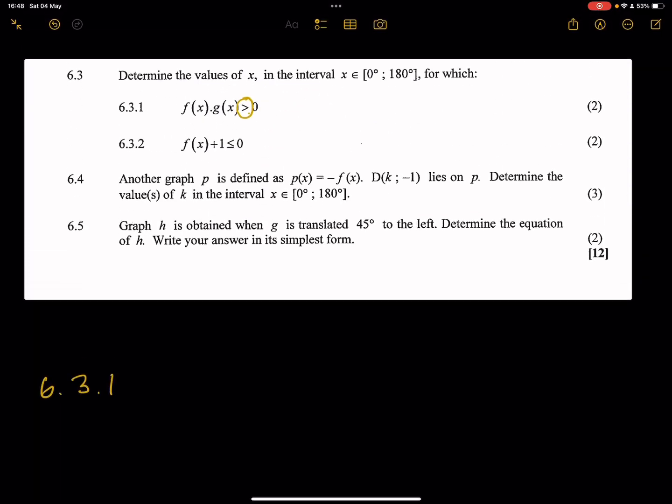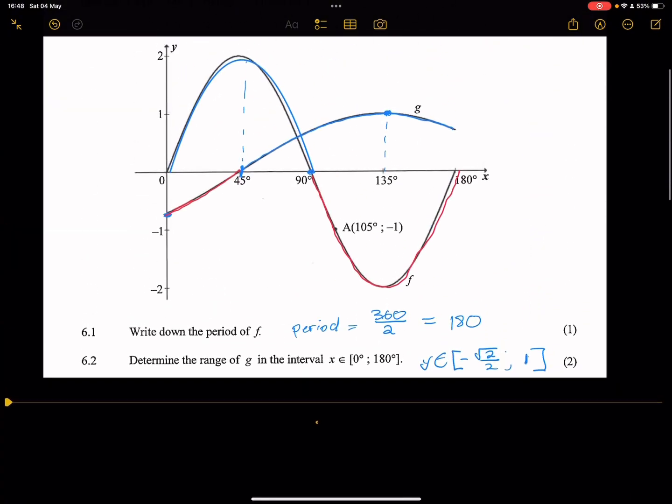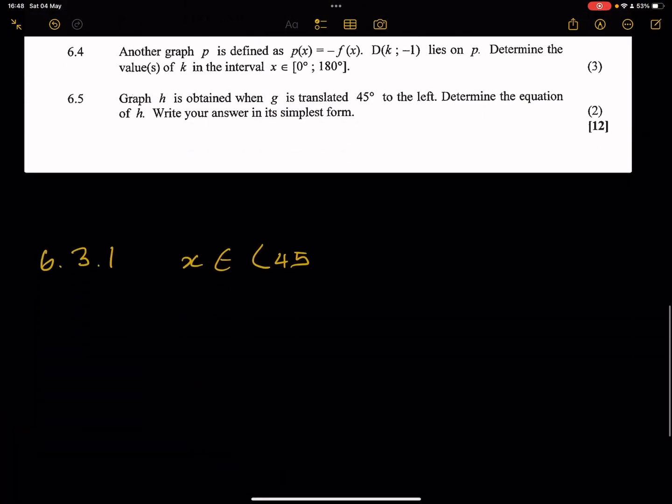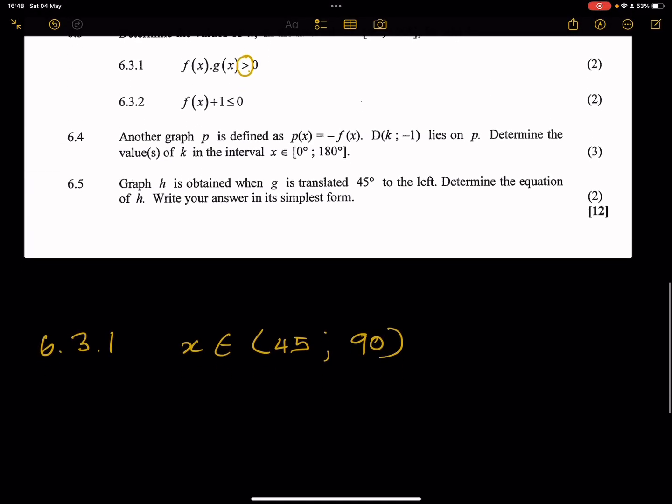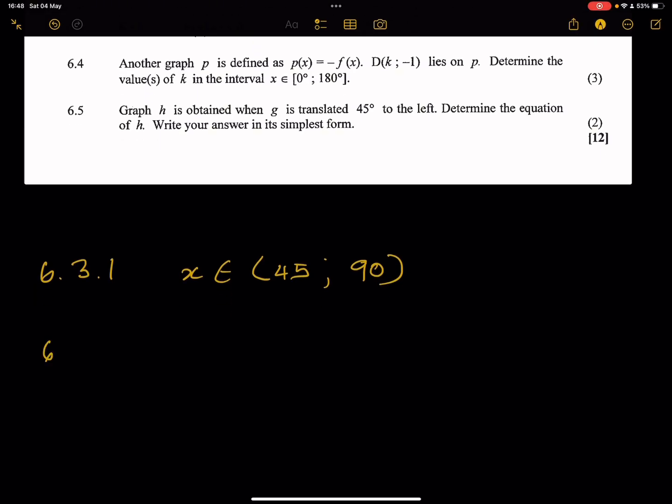So, I'll say x is an element of, that's 45, that's excluded, because one of them becomes 0 there. And 90 also excluded because they said just greater than. We don't want where they are equal. 6.3.1, by the way, you could have written this as x less than 90 and greater than 45. Okay, and then we've got 6.3.2.